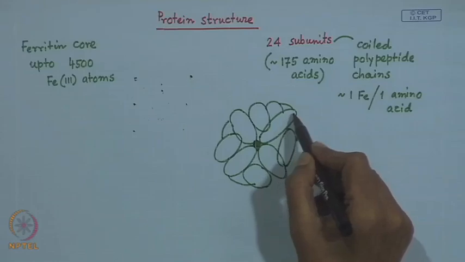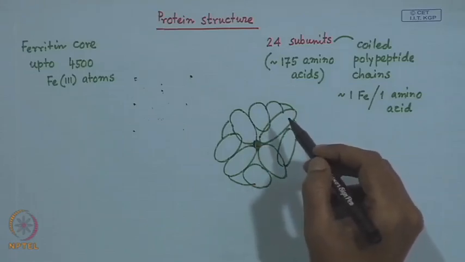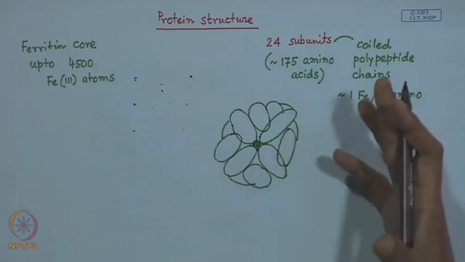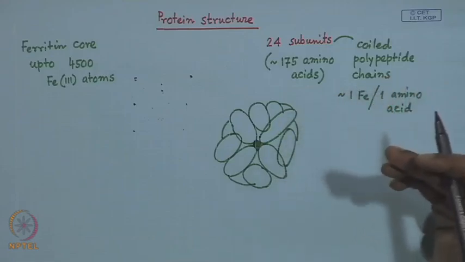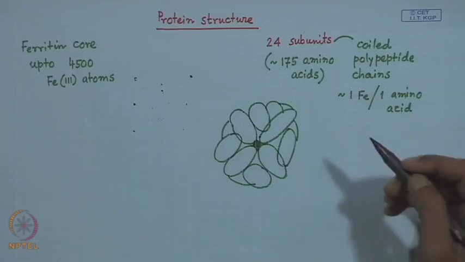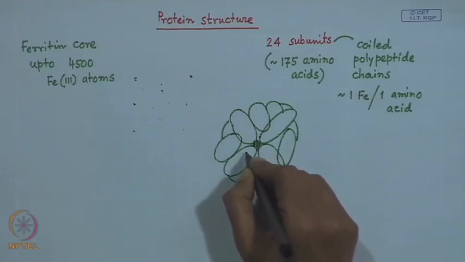So, on one particular trigonal face, if you can accommodate such subunits 3 times, that means 3 into 8 will give you 24. The number is 24. So, the arrangement of these is typically spherical, because the octahedral geometry also has a spherical symmetry.